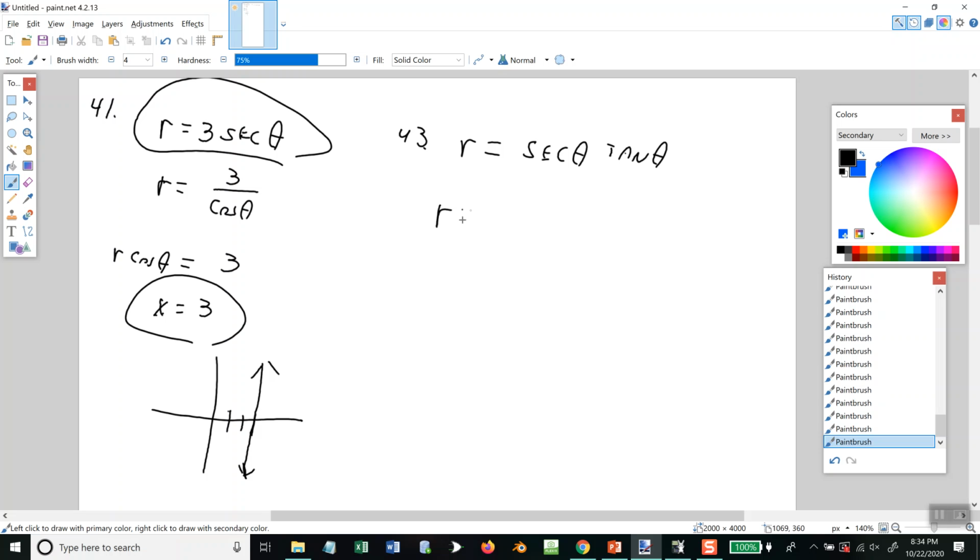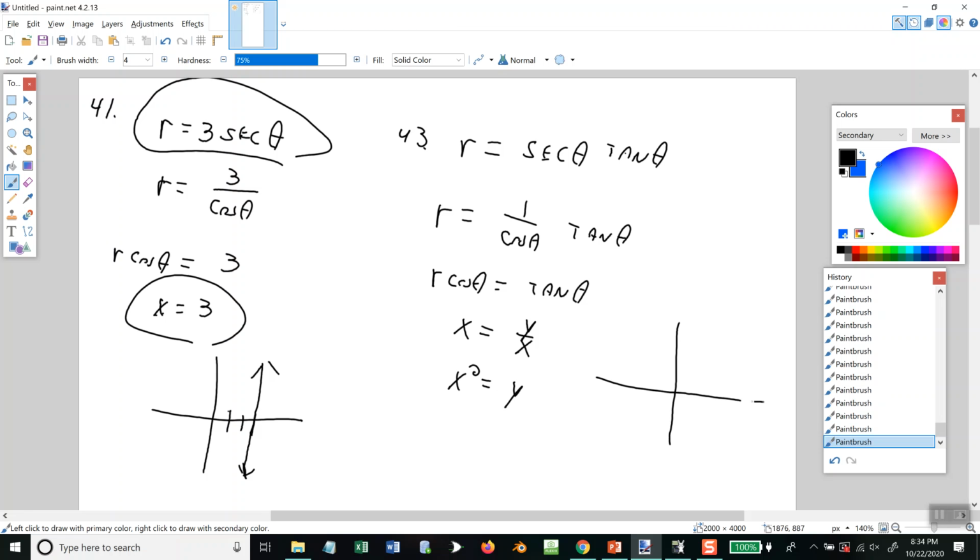Just like the previous problem, I could rewrite that as 1 over cosine. Multiply both sides by cosine, and you get r cosine theta is equal to tangent theta. Now, r cosine theta is x, and tangent theta is y over x. Now, if I multiply both sides by x, I'm going to get x squared equals y. Which is our parabola, isn't it?